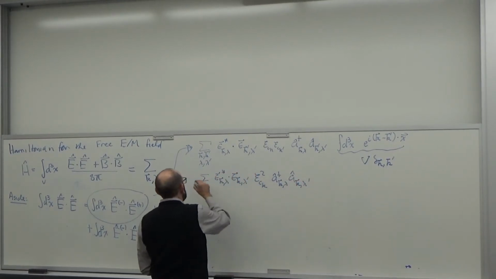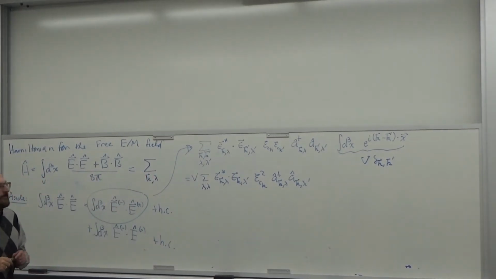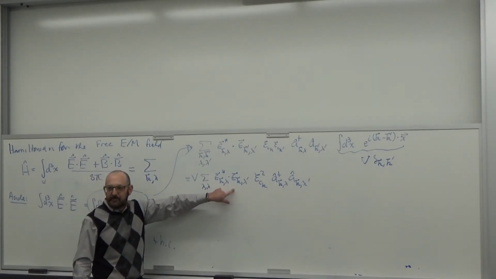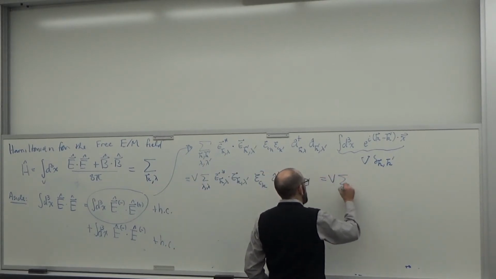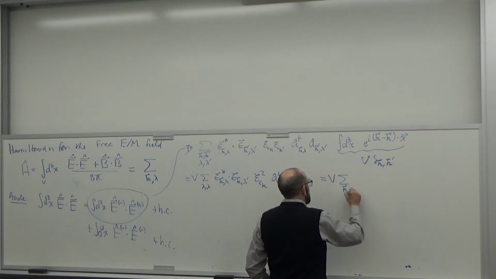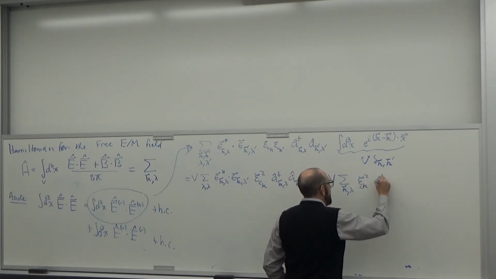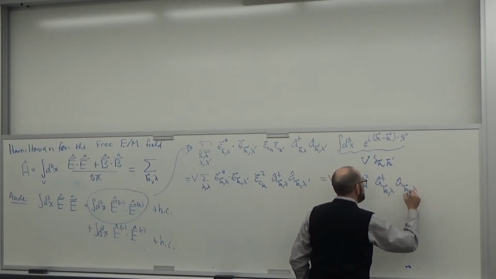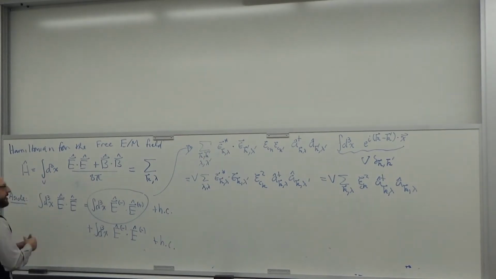And I have that times V. Right? What is this? That's a delta function in the lambdas. So what I get here is the sum over k and lambda of k c squared a dagger a. I have that plus its Hermitian conjugate. That's this.